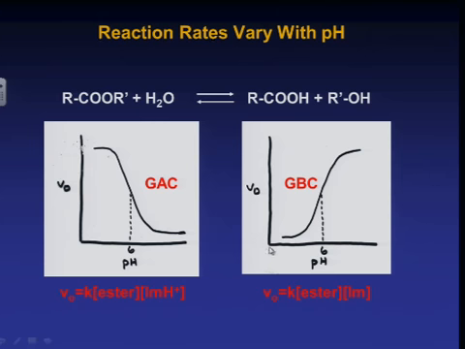This kind of a curve rising from low pH to high pH is reflective of general base catalysis. It tells you that you have something in the slow step that has to be in what form? The protonated form. This tells you you've got something in the slow step that needs to be unprotonated so that it can function as a general base during the slow step.